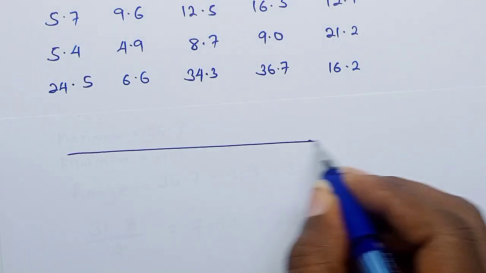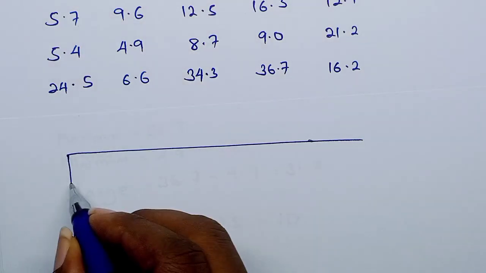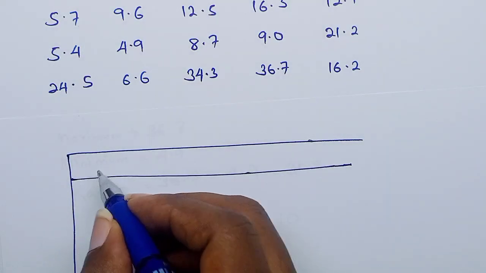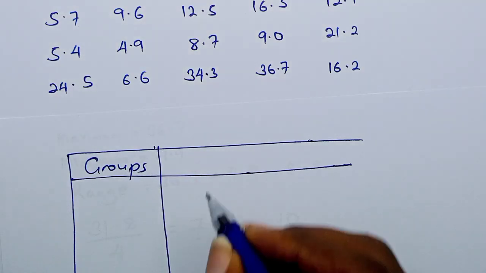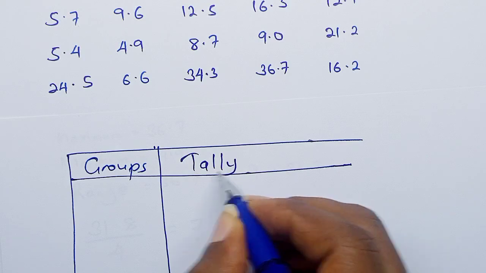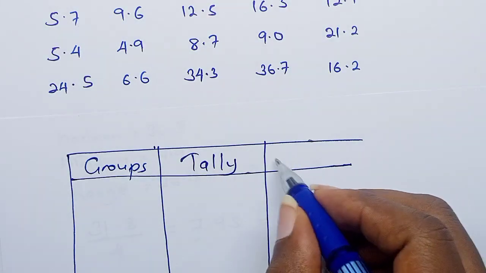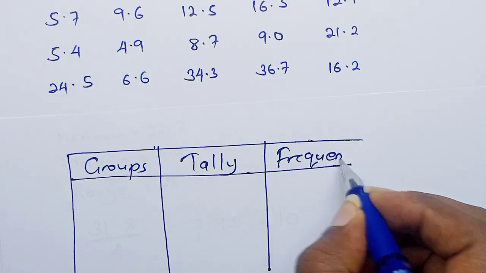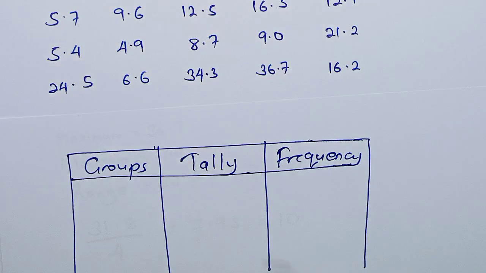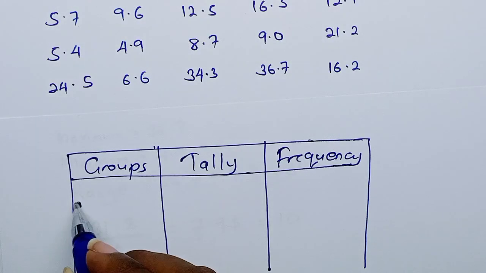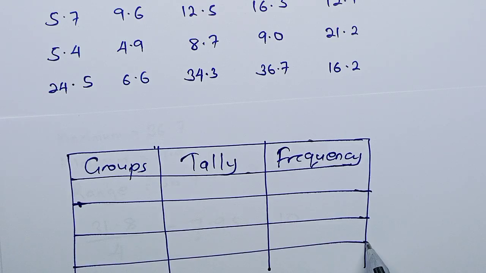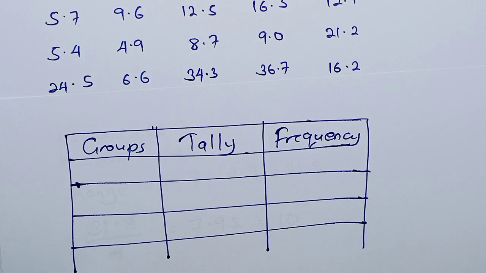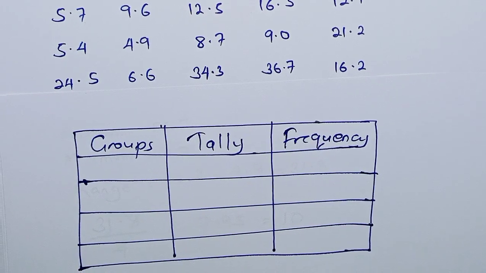When we draw our frequency table, we shall have groups, then we tally, and then we find the frequency. We've said we are grouping them into 4 groups: 1, 2, 3, and the 4th one.